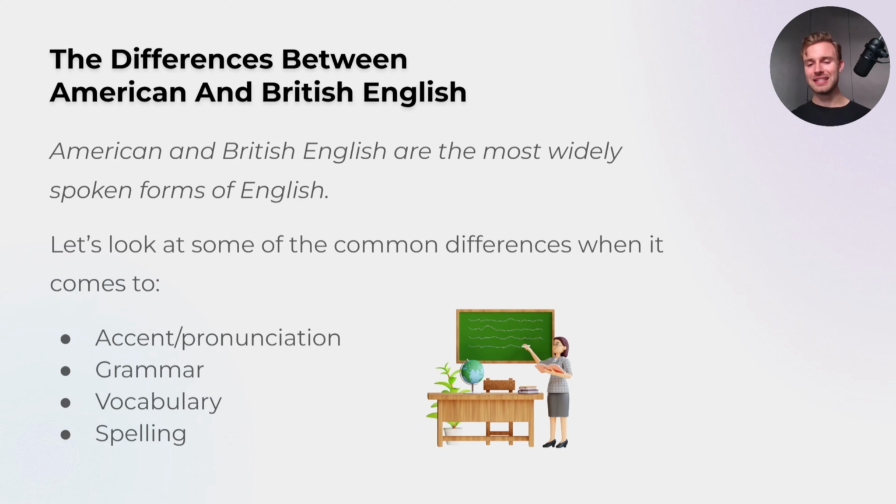We're going to talk about accent and pronunciation, grammar, vocabulary, and of course spelling. So in American and British English, there are some differences, especially when it comes to these four categories.